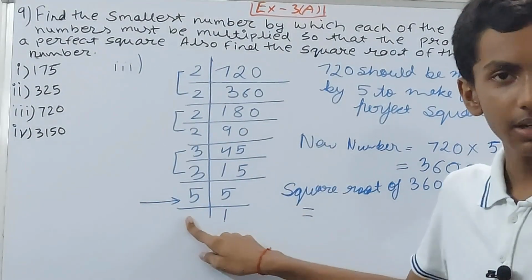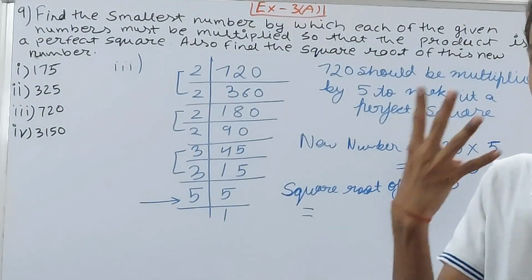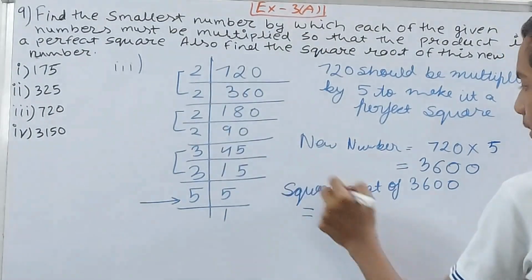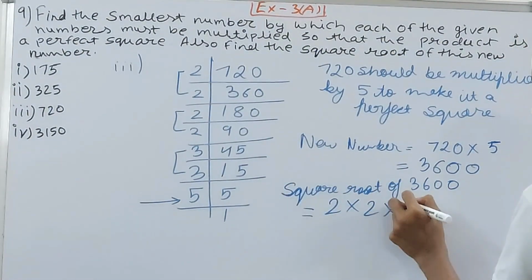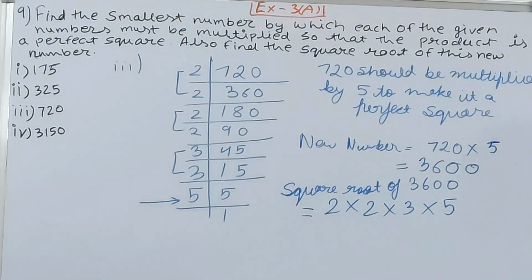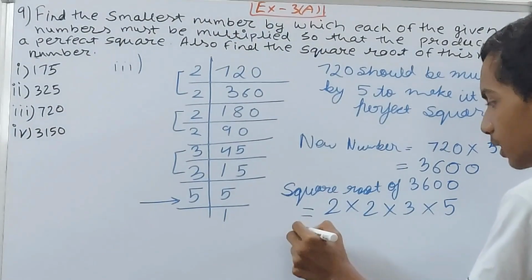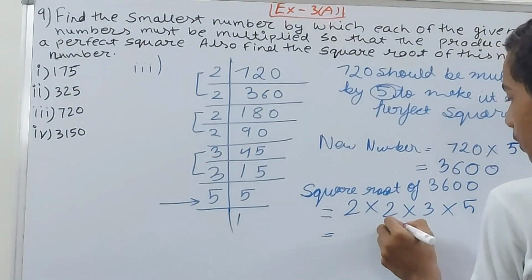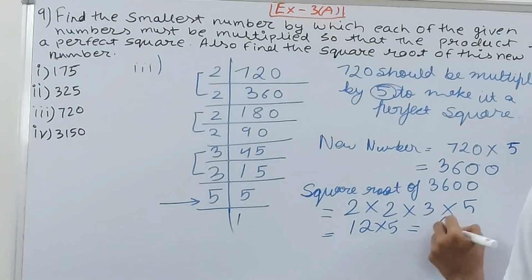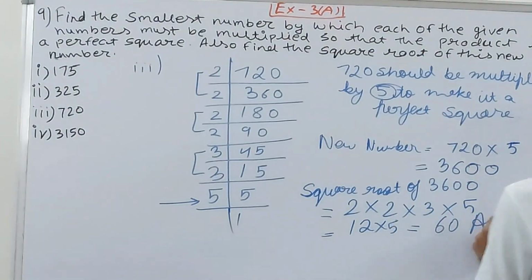When one more 5 I will add here, then how many pairs? 4 pairs. So one pair of 2 into another pair of 2 into another pair of 3 into now 5 here, so its pair will also be made, so again 5 here. That is what? This will be what? 2 into 2, 4 into 3, 12 into 5, that is 60, and that is your answer.